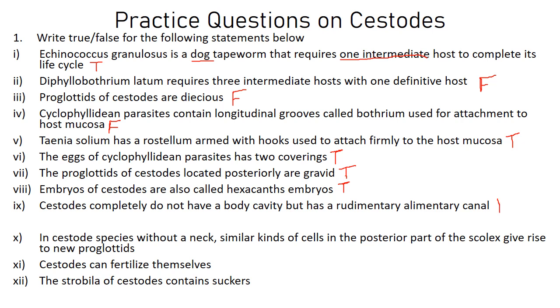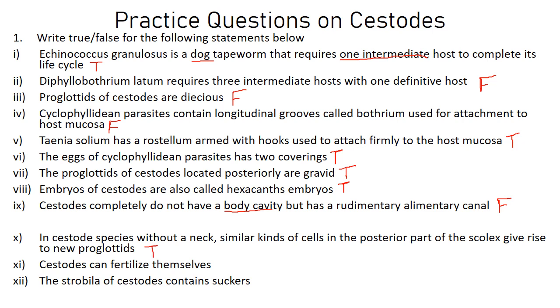Remember that the ones that contain a rudimentary alimentary canal are the trematodes. Yes, cestodes do not have a body cavity and neither do they have a rudimentary alimentary canal. Number 10. In cestode species without a neck, similar kinds of cells in the posterior part of the scolex give rise to new proglottids. This is true.